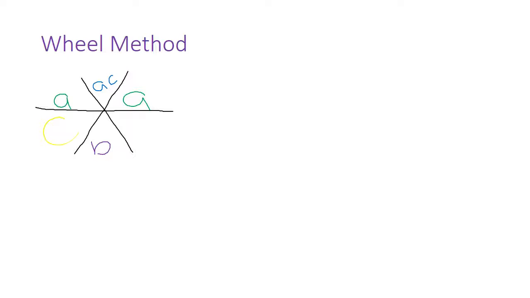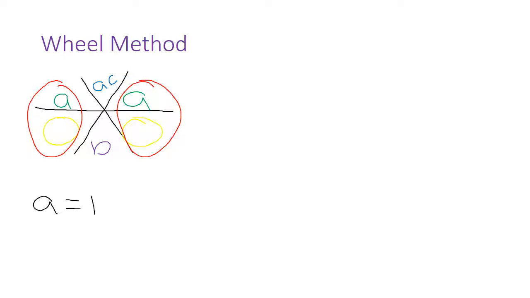For now, these two spaces will remain empty, and at the end, these two will be your factors. Before we start, keep in mind that the wheel method is usually used when A is equal to 1 and only when you have a quadratic expression.